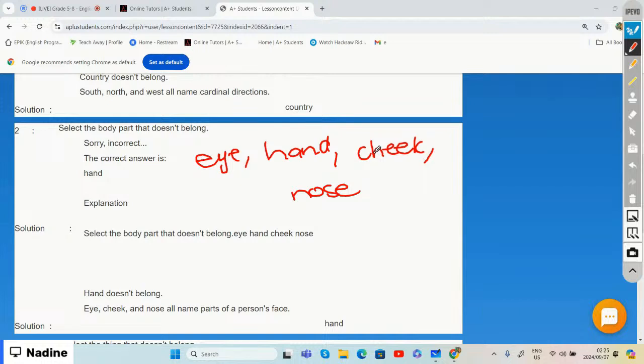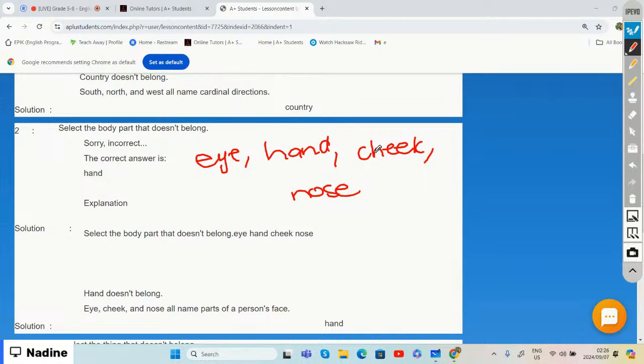So hand doesn't belong. Because if you look at the other words, right? The other words are basically all words that are to do with your face or parts of the body that are in the face.